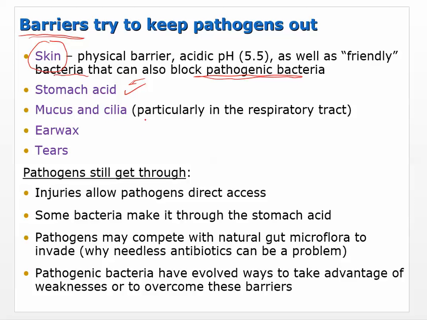So mucus and cilia, this is something you see particularly in the respiratory tract, but it's a way for any kind of mucous membrane. Any kind of mucous membrane is producing mucus. Mucus has salts in it, but it also has antimicrobial agents that tend to kill anything.